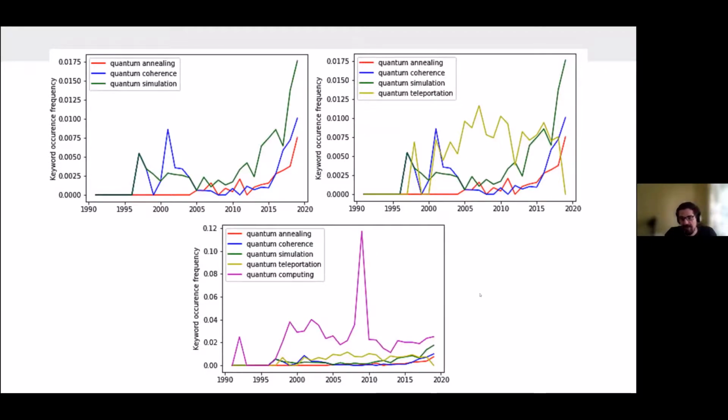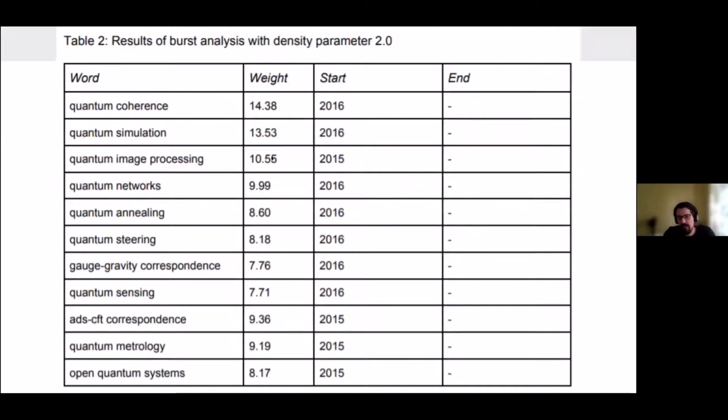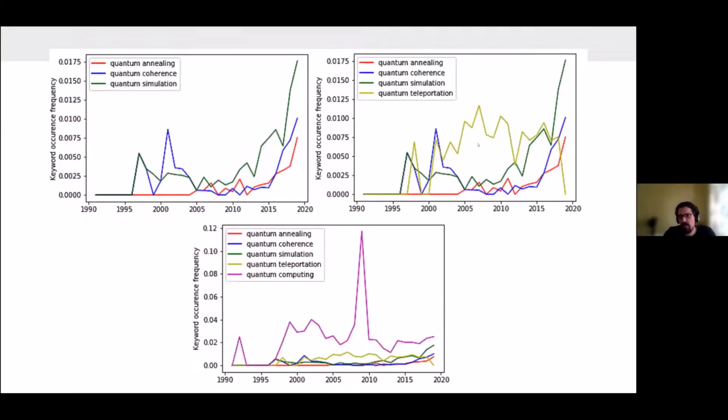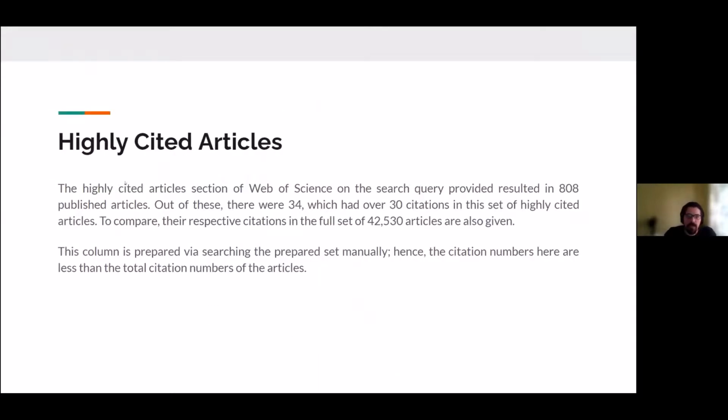I don't know why that is. There are certain speculations about that. But as you can see, the weight is related to the frequencies here, but not that much. It is more about whether the topic is bursting or not. And there is this highly cited articles part that is provided by Web of Science.